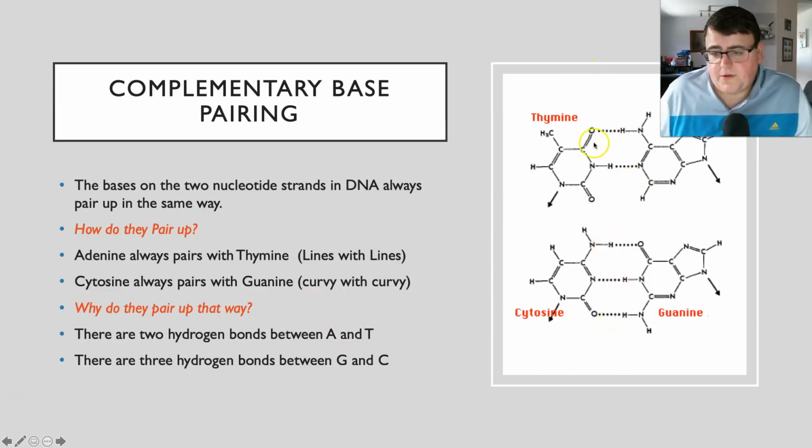You can't form 3 hydrogen bonds with thymine and adenine, so they can't connect together. So guanine and cytosine have to go together because they both require 3 hydrogen bonds. Thymine and adenine both go together because they only require 2 hydrogen bonds. And that's the way it'll go. Because uracil can replace thymine in RNA, uracil itself also looks for 2 hydrogen bonds as well.